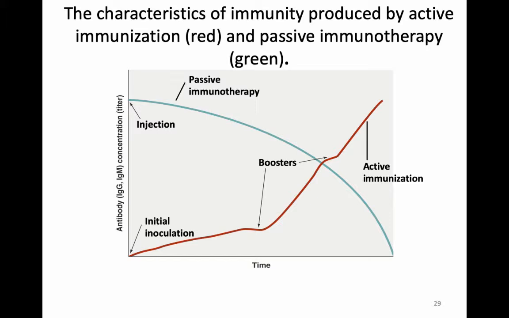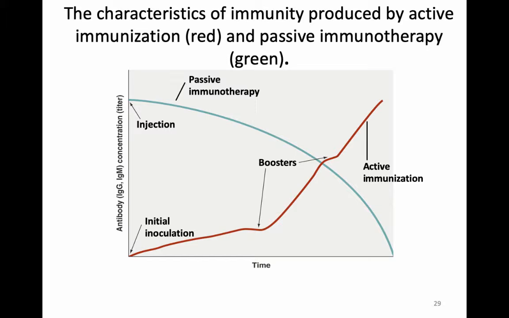With active immunization, illustrated with the red line, we have antibody concentration on the y-axis in this graph and time on the x-axis. The initial inoculation is the initial exposure to antigen. Because the exposure is to antigen, it is an active immunization.